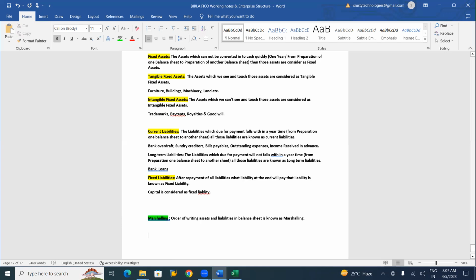So how many orders can we write it in? Clear? The balance sheet can be written in two different orders. One is in order of liquidity, the liquidity balance sheet.